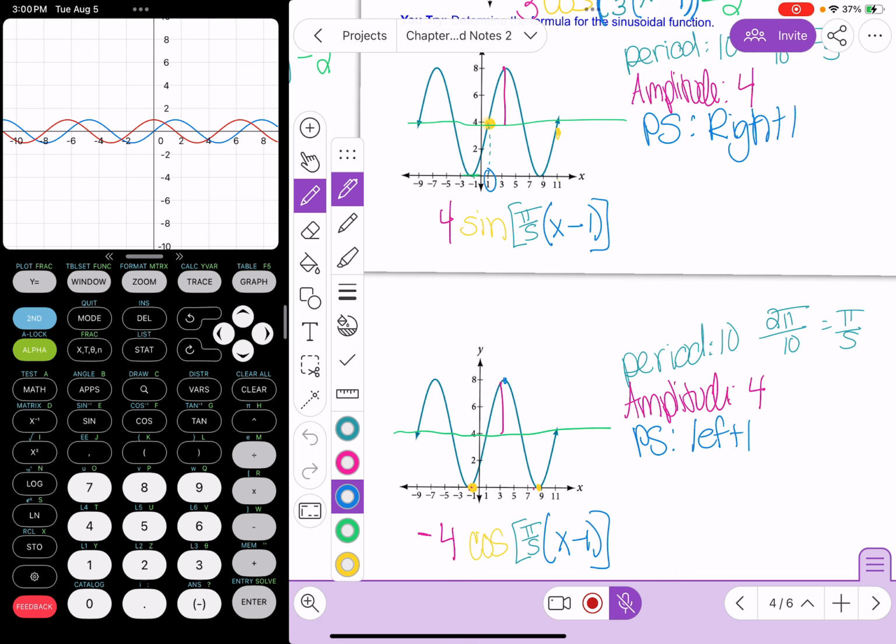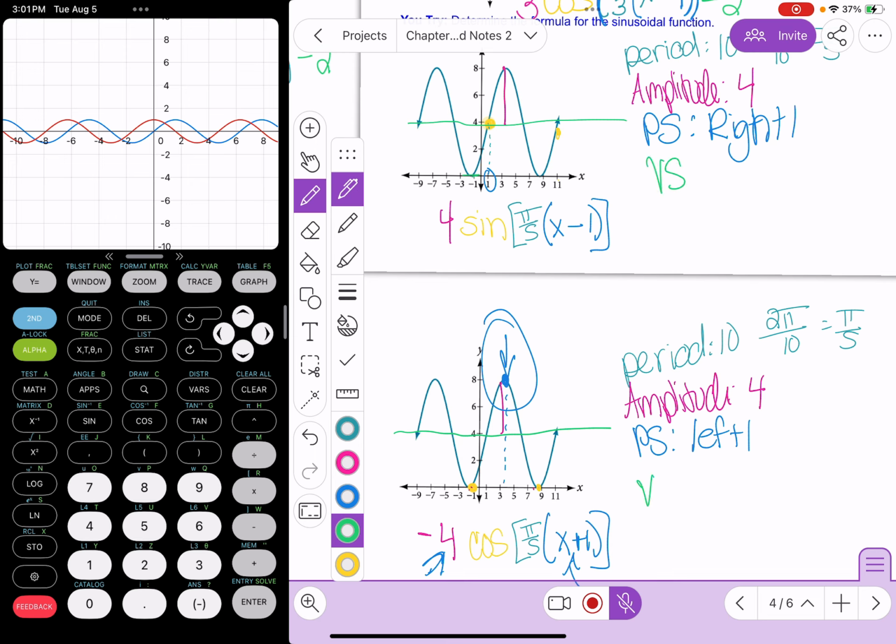If you had gone to this point up here for the cosine, you would have a positive 4 and x minus 3 in here. So there's always multiple answers on these.